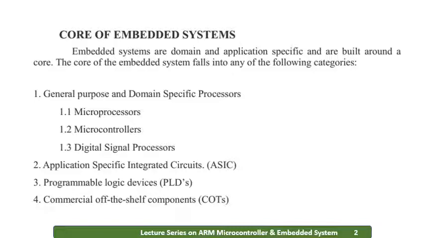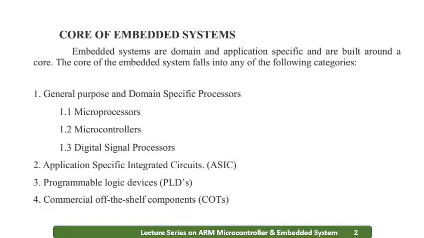This indicates that whenever I want to use a microprocessor or a controller or a DSP, then I need to choose a domain specific embedded system. So if an embedded system uses a microprocessor, then I'll be selecting a better microprocessor present in the given range. And if I decide to use a microcontroller, then I'll be selecting a microcontroller which will serve my purpose.